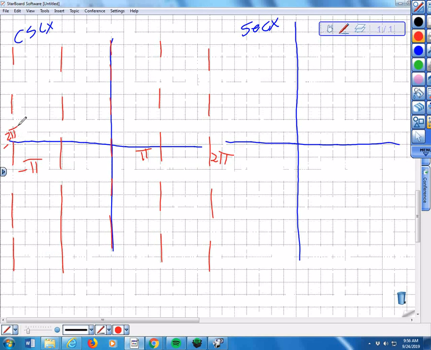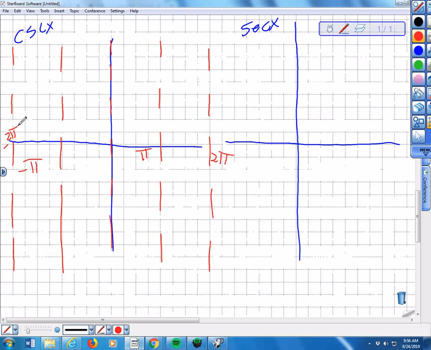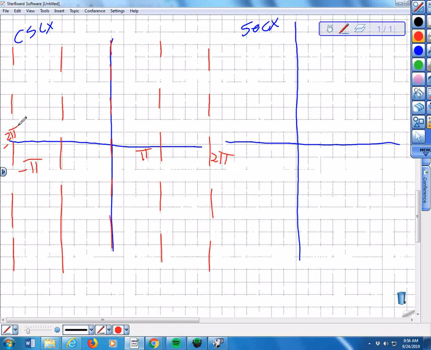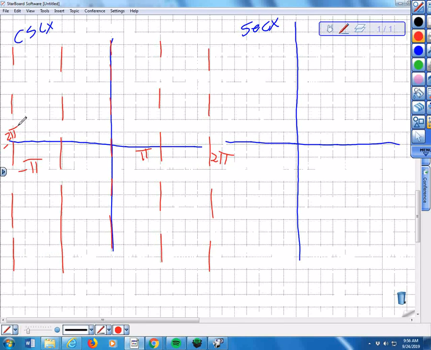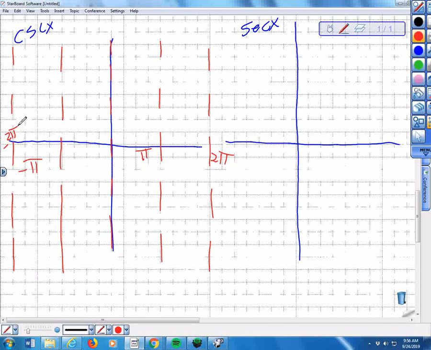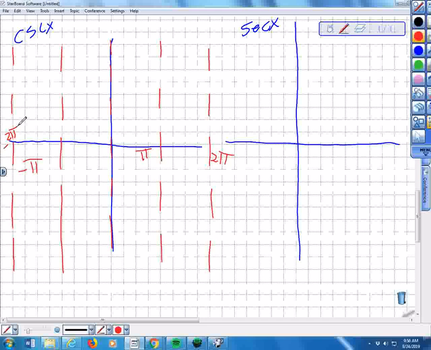Okay, so what's the period now of cosecant? Pi, you'd think, but let's play with it a little bit. Where is cosecant equal to 1? Well, it's 1 over sine. Where is sine equal to 1?